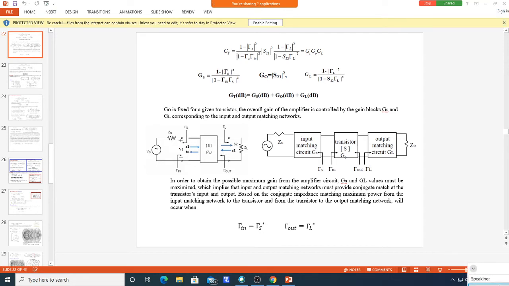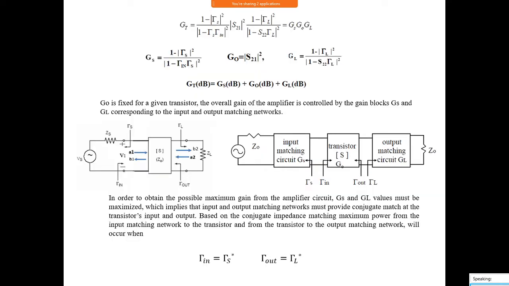The first is the source gain, and the last is the gain at the load. Three blocks: one associated with the source side, one with the load side, and one with the active device, the transistor. For a given transistor, this is fixed.